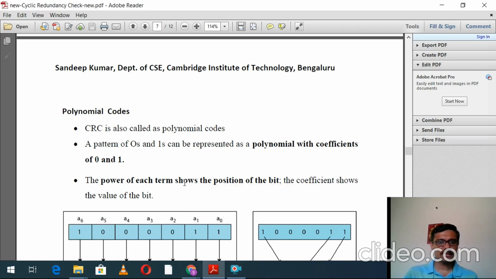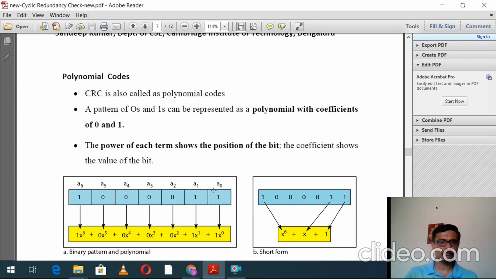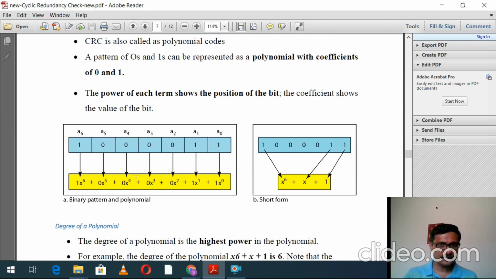Then the power of each term shows the position of the bit. For example, x power 0 is position 0, x power 1 is position 1, like that, x power 6 is position 6. In this example, you have the bit pattern 1, 0, 0, 0, 0, 1, 1. So 1 is the coefficient multiplied by x power 6. What is this 6? 6 is the position of the bit. Similarly, 0 multiplied by x power 5, 0 multiplied by x power 4, 0 multiplied by x power 3, 0 multiplied by x power 2, 1 multiplied by x power 1, and 1 multiplied by x power 0.